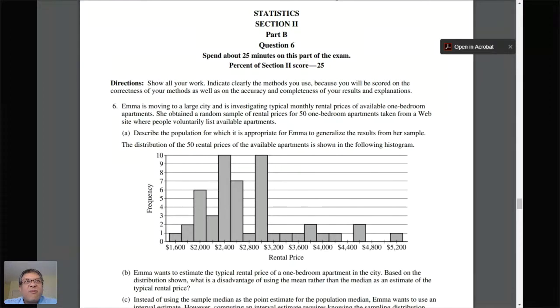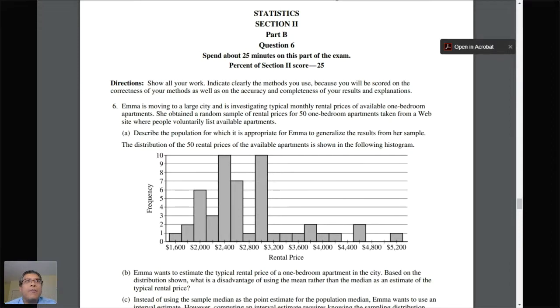The mean is going to be pulled in the direction of the tail. When you write this up, you don't want to just write that the mean is going to be larger than the median because the tail is on the right. There's more that you can say about this problem than that.